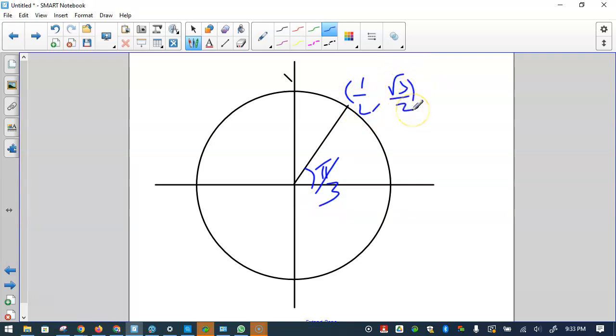So I'm going to use the other one. This will be 30 degrees. So cosine 30 is root 3 over 2, and sine 30 is half.